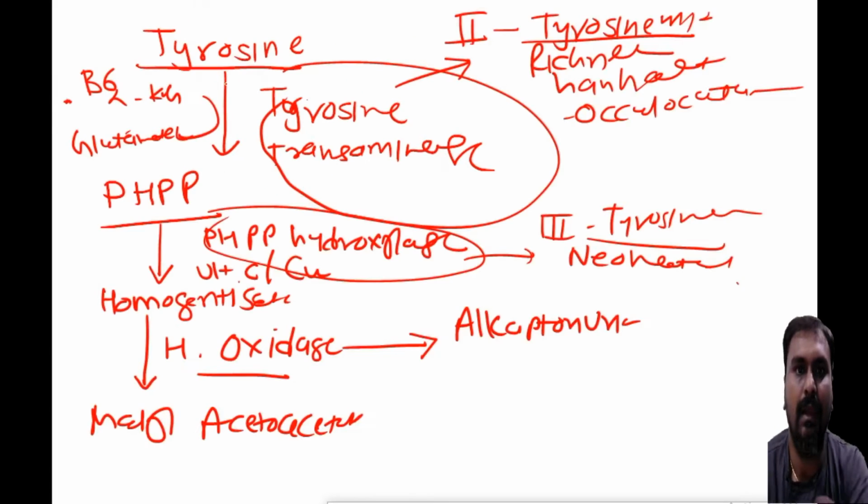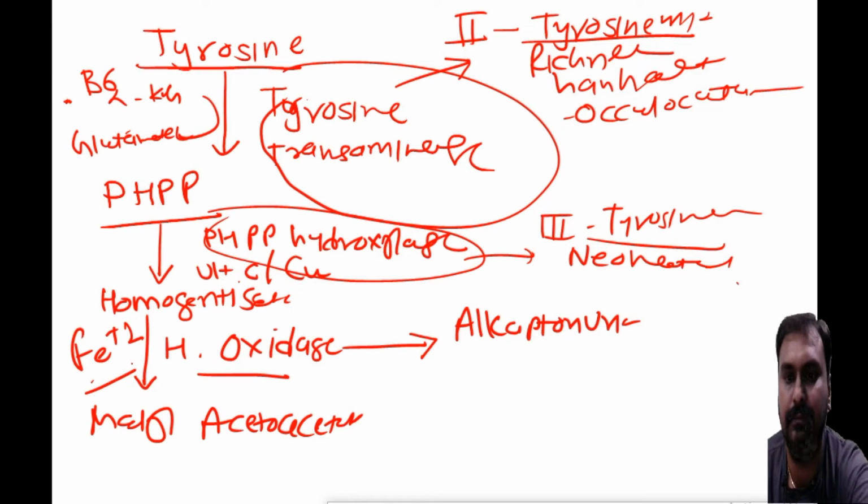Here, homogentisate oxidase requires iron.